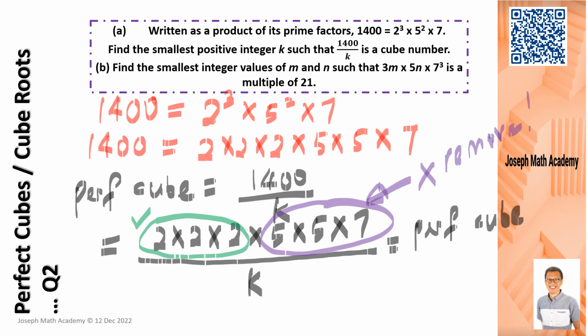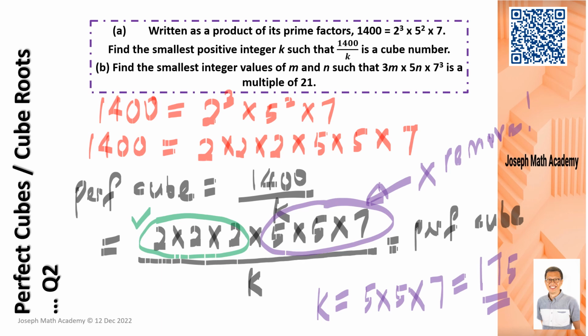How to remove? By dividing away 5 times 5 times 7. That means 5 times 5 times 7 must be k. It has to be k. So k is actually 5 times 5 times 7, which is 175.